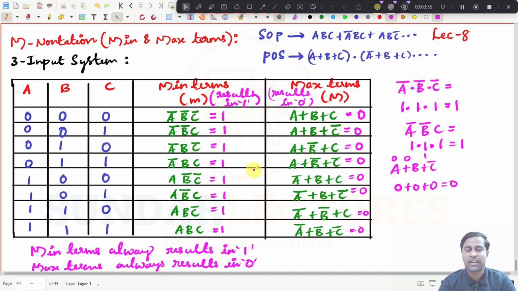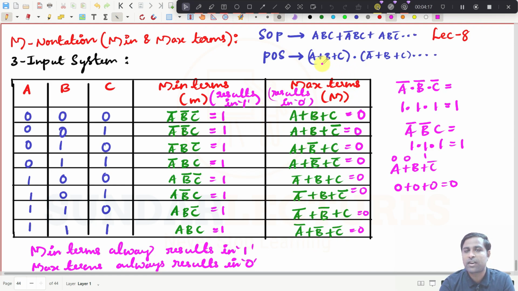So you see here, while representing these terms, that is min terms or these SOP terms, we say that in K-map we will always put one. I will explain to you what is K-map and how to represent the Boolean expressions in the K-map.